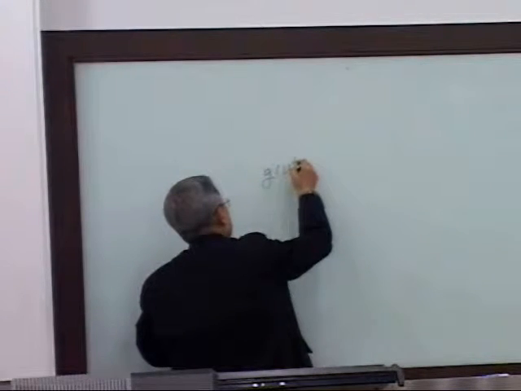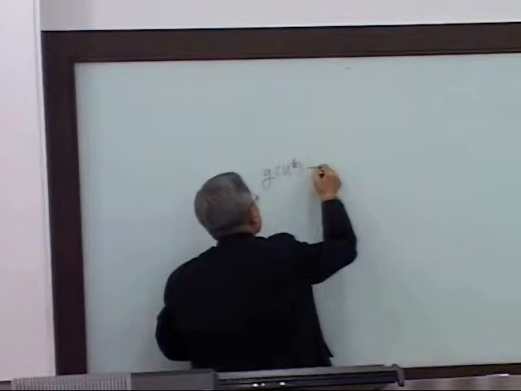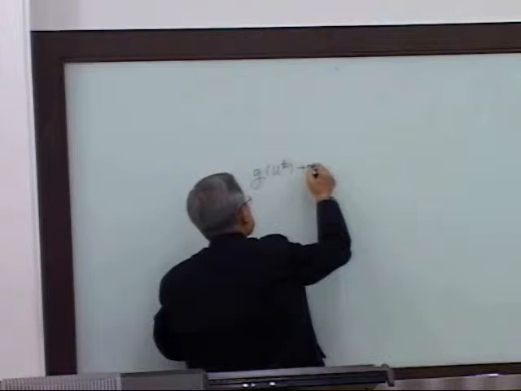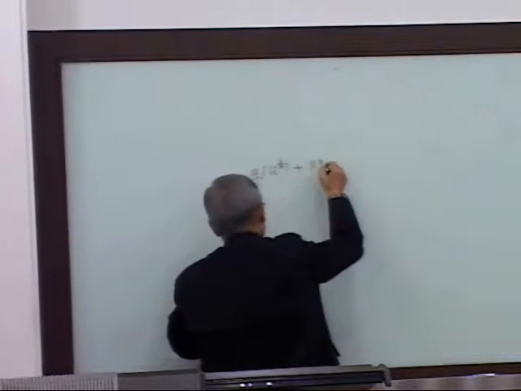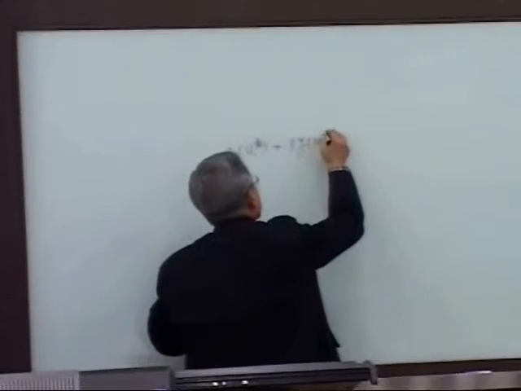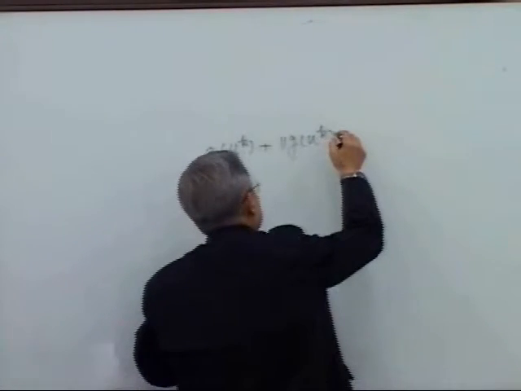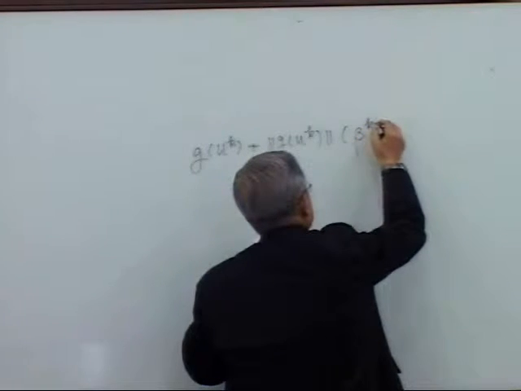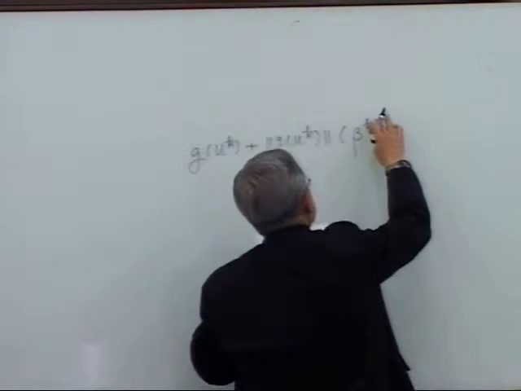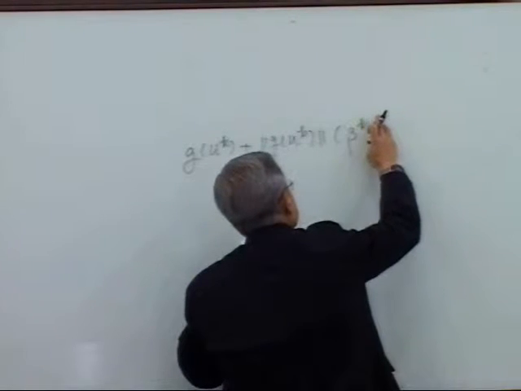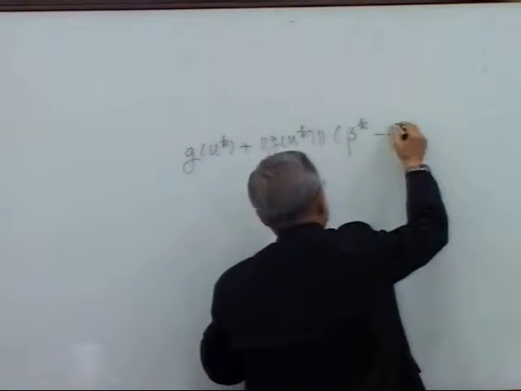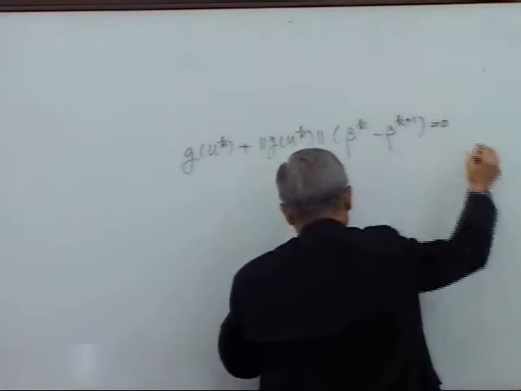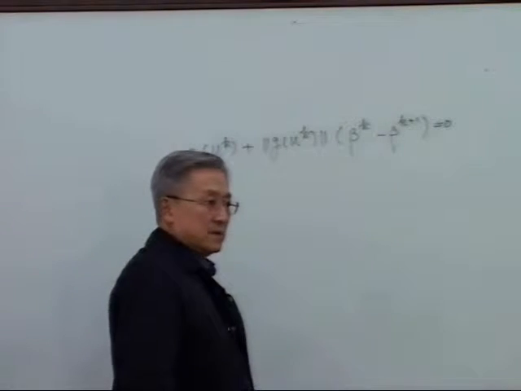G(u_k) plus the gradient times (u_{k+1} minus u_k) equal to 0.